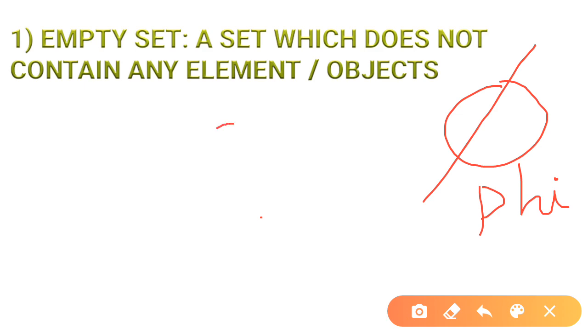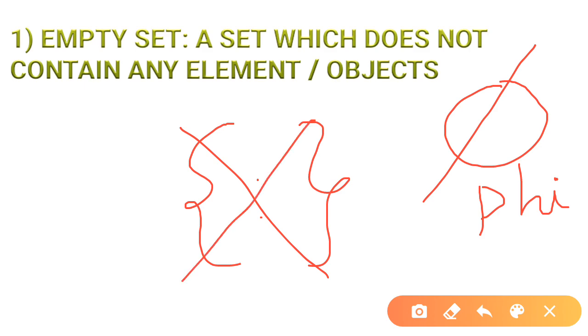Suppose I take a set like this and keep one dot in it. It is not an empty set. Why? Because I am keeping a dot here, and a dot means it has some element, so that is not an empty set.